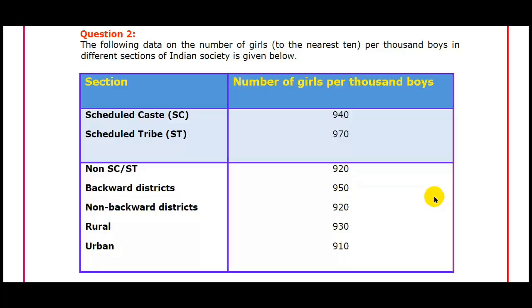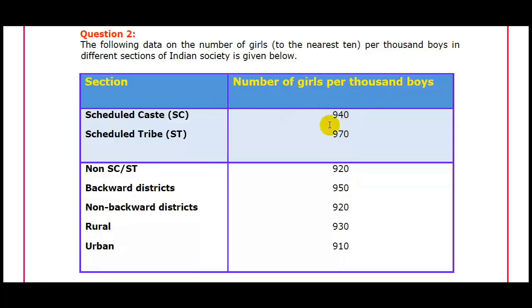Next, exercise 14.3, question number 2. The following data on the number of girls to the nearest 10 per thousand boys in different sections of Indian society is given. So here are the sections: scheduled caste, scheduled tribe, then non-SC/ST, backward district, non-backward district, rural and urban, and the number of girls per thousand boys.